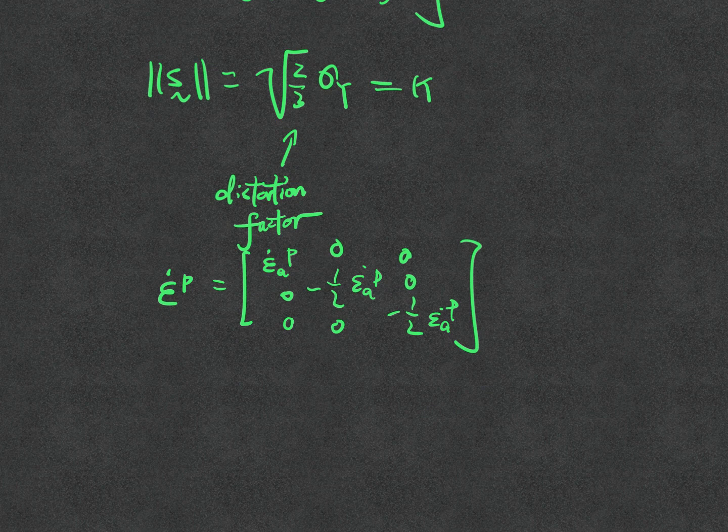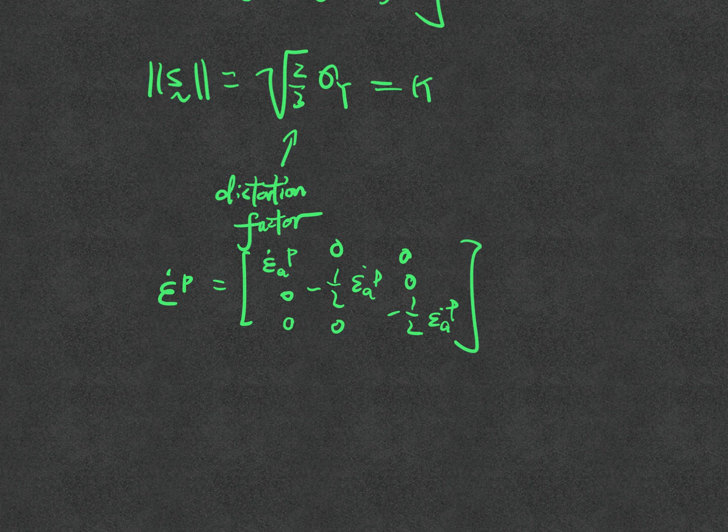Why do I have the minus 1/2 and minus 1/2 in the other two components? Yeah, that's very good. Isochoric. Why is it isochoric? Then why is the trace equal to 0? Yeah, exactly. Because it's J2 plasticity, you're not supposed to have plastic volumetric deformation, right?